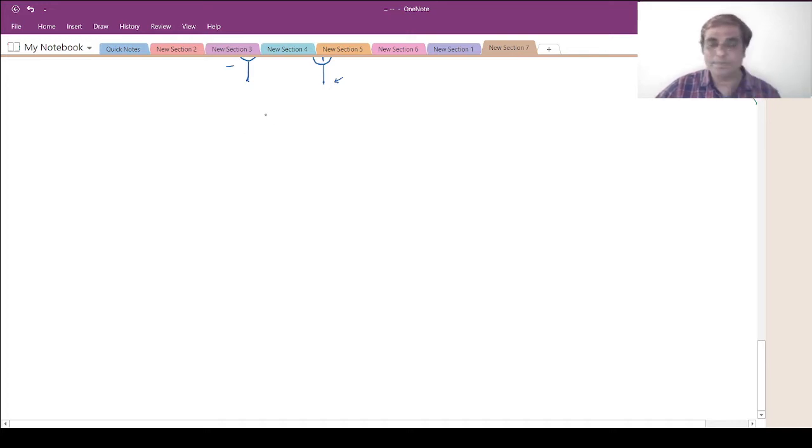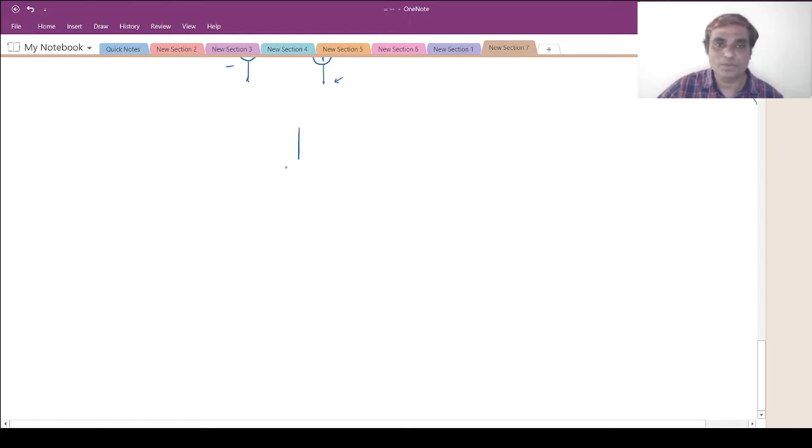So let me draw a practical DC voltage source. In this practical voltage source there is a resistance connected in series with the source.